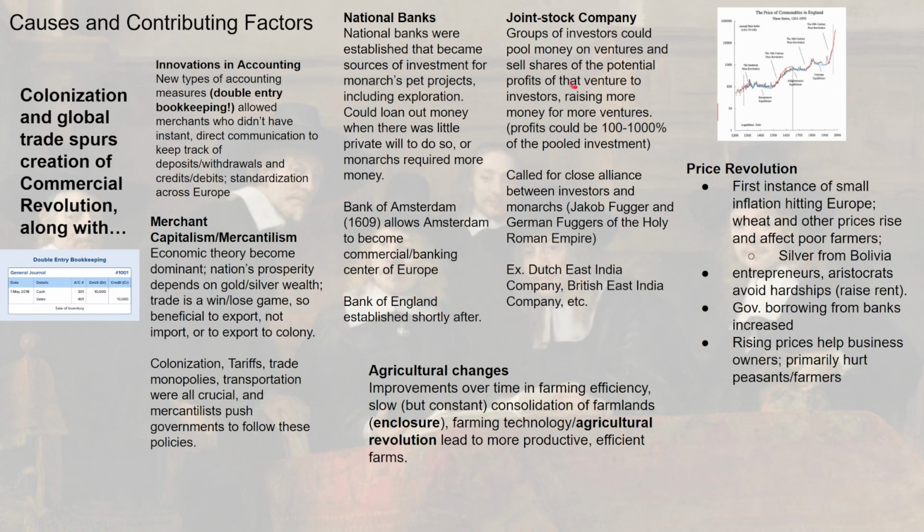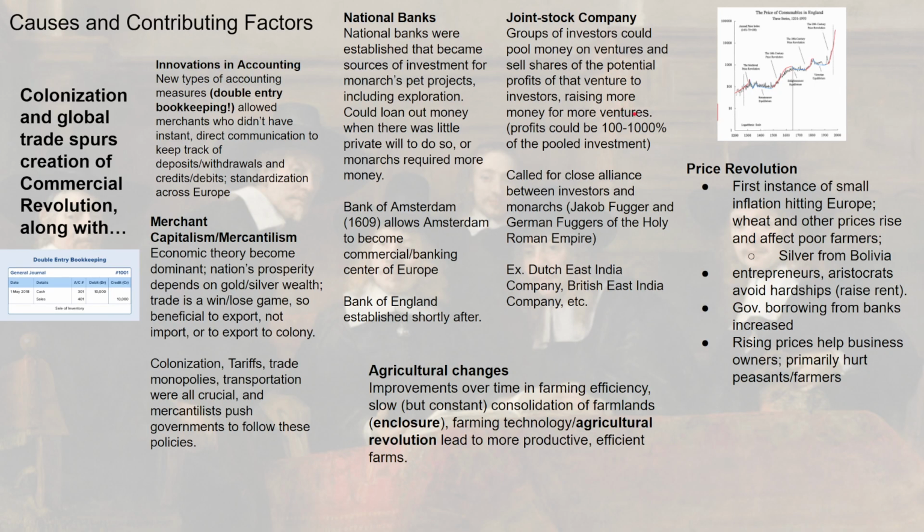To fund these ventures, you needed money and patronage, and the Joint Stock Company was one avenue to do that. You could, of course, get to know the Queen and King of Spain or some rich person like that. But for the less rich people, you could pull your money together and form a joint stock company. We see this happen in Britain and in the Netherlands.